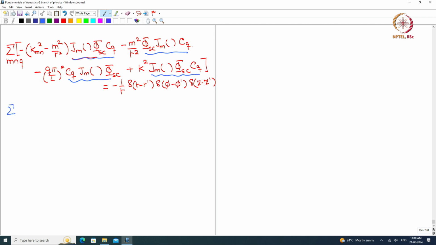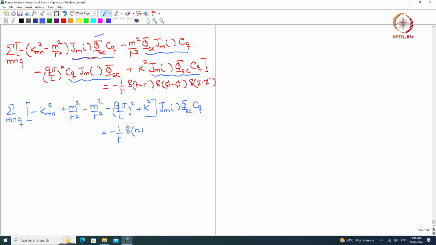So I get a summation over MNQ, and I'll put this common thing outside, so I get minus k mn square plus m square by r square minus m square by r square minus q pi by L whole squared plus k squared, into Jm phi sc CQ, is equal to minus 1 over r delta r minus r dash, delta phi minus phi dash, delta z minus z dash, and this goes.